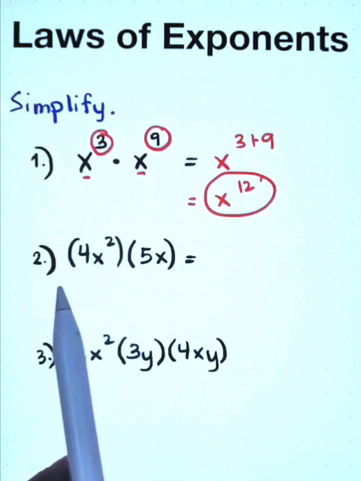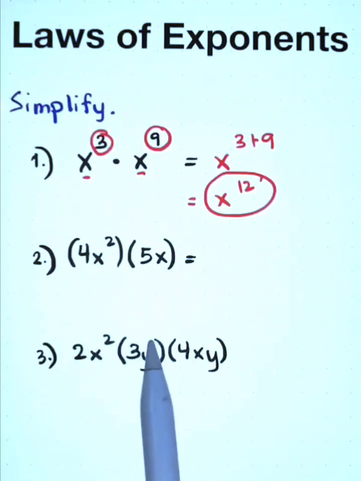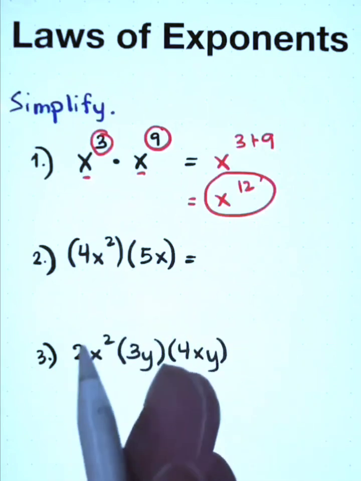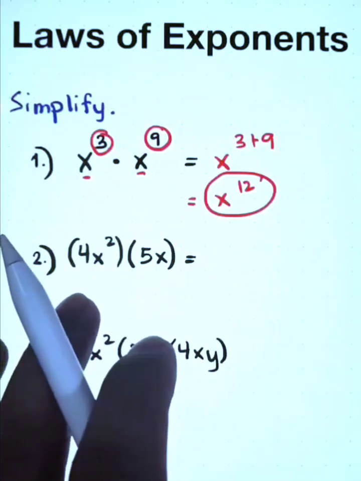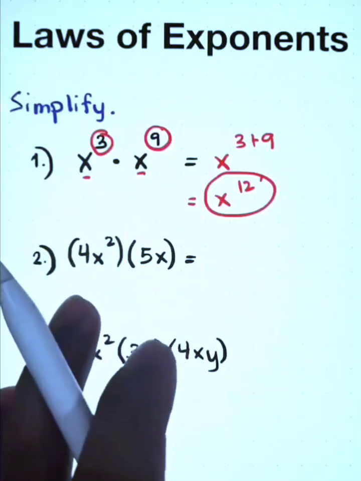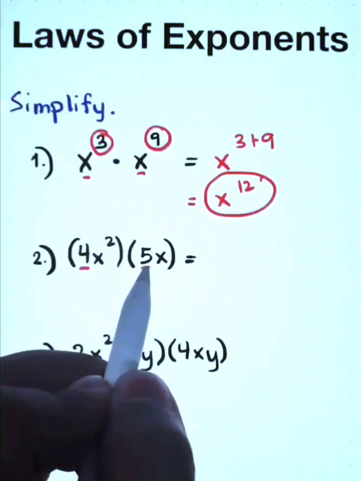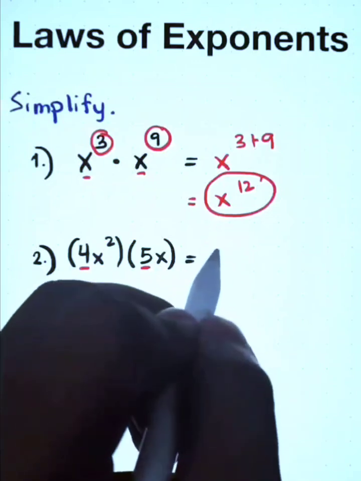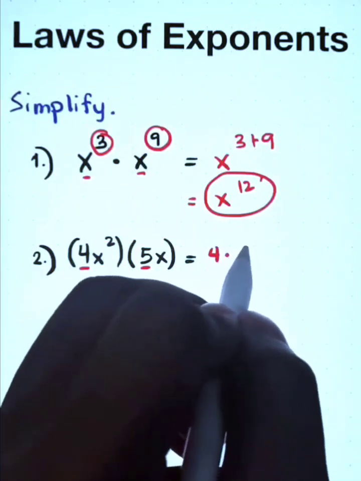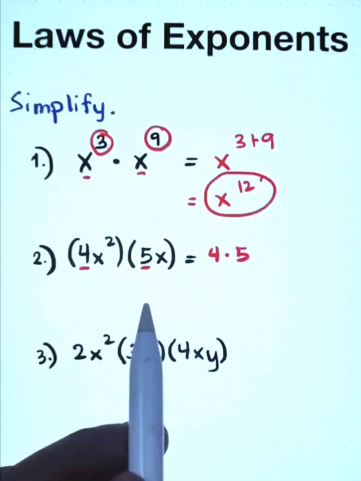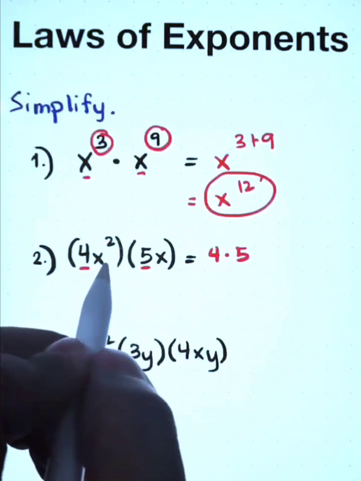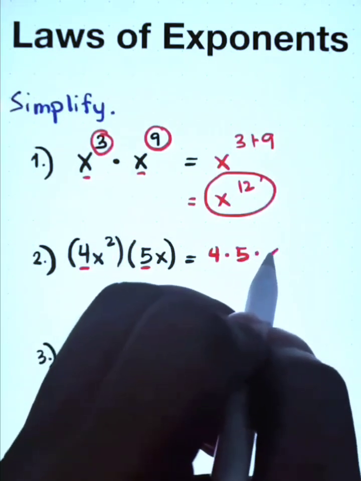In number 2, we can also apply the product rule, wherein the difference between number 2 and number 1 is that it has constants or coefficients. So we will multiply first the numbers 4 and 5. 4 times 5. And as for the variable x, copy the variable x.